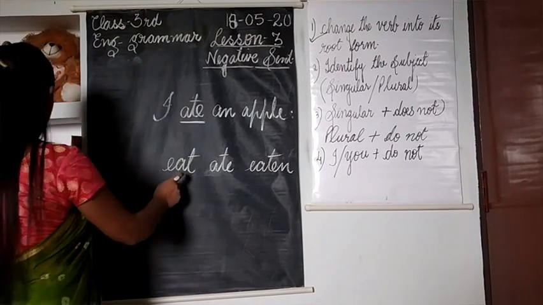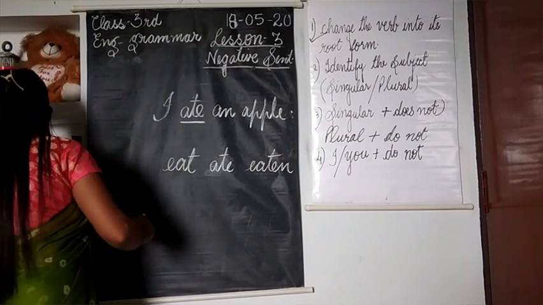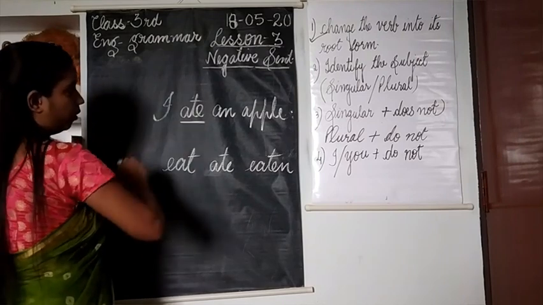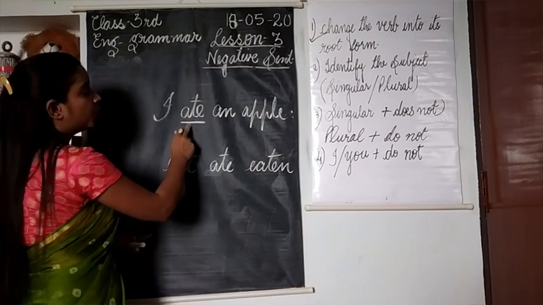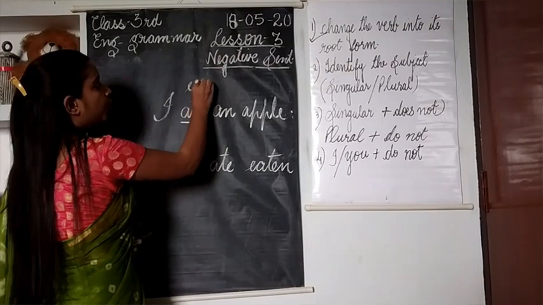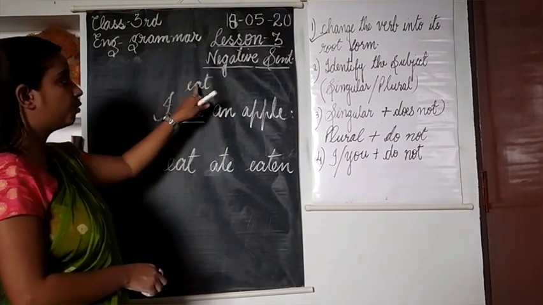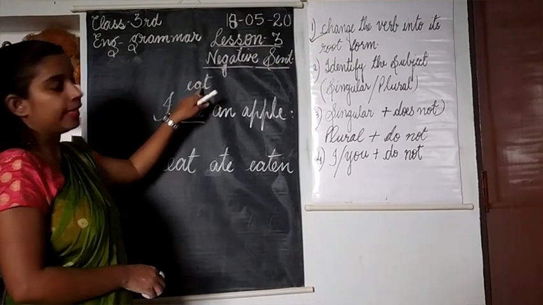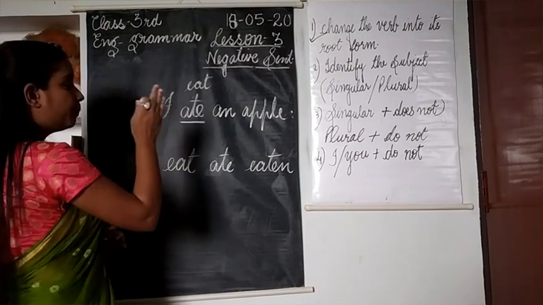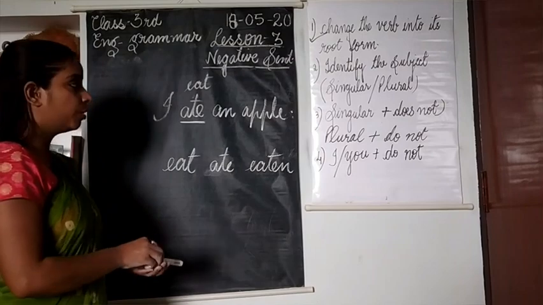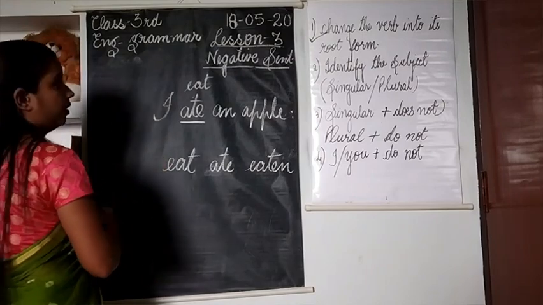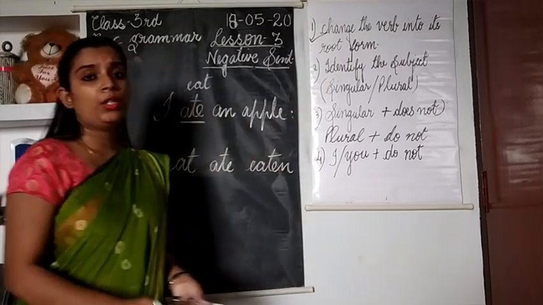You can see here that eat is the root form of the verb ate. Okay? So this ate will be changed into eat. Okay? You will change this verb into its root form first. So eat.